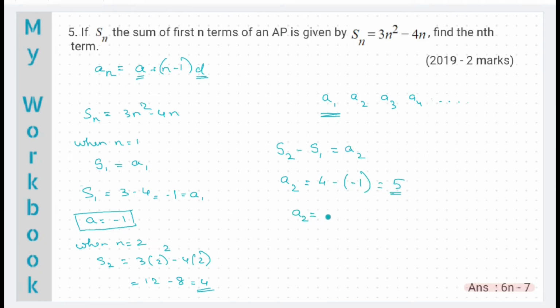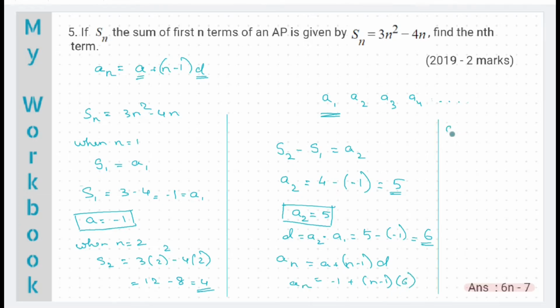Second term is 5. So difference D is A2 minus A1, which is 5 minus 1, 6. A of n is A plus n minus 1 into D. We found out the first term as minus 1, plus n minus 1 into the difference, which is 6.